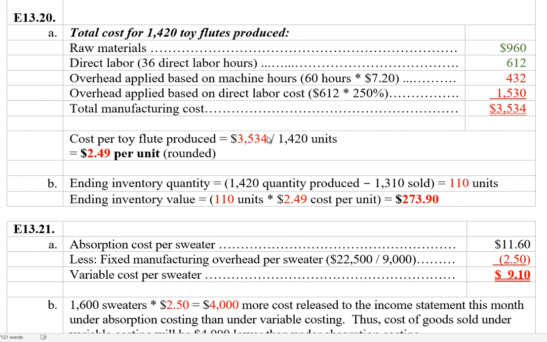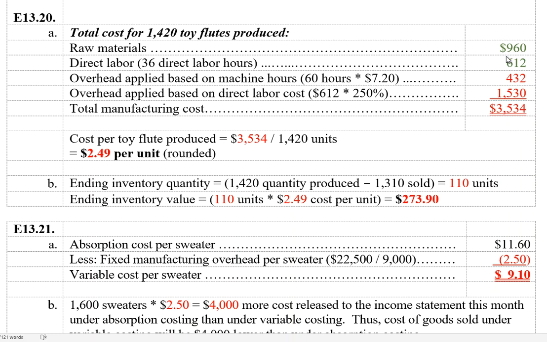As we're with Stanley Toy Company here in 1320, they're giving us some totals associated with 1,420 toy flutes. We have some raw materials and some direct labor, and those amounts I put in green because they're given to you.